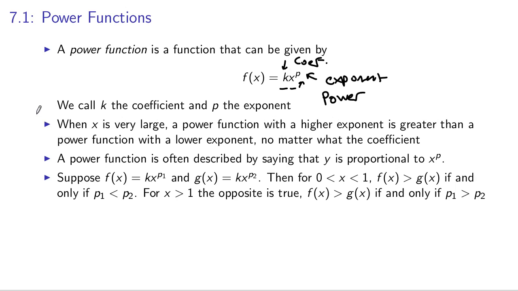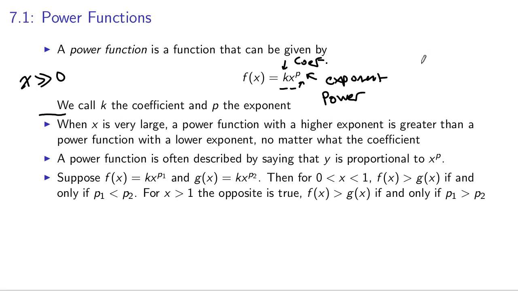So, some tidbits or facts about power functions. When x is very large, so much bigger than 0, a power function with a higher exponent is greater than a power function with a lower exponent, no matter what the coefficient would be.